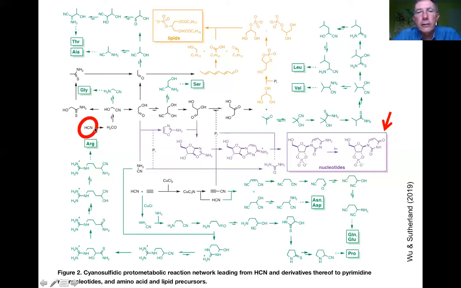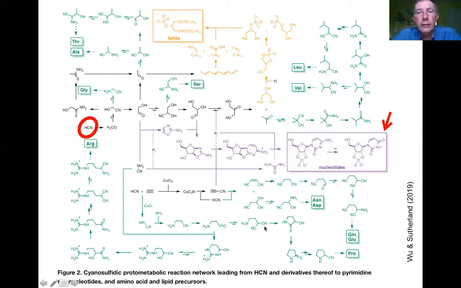You change the conditions a little bit here and there, and it still makes a nucleotide. So if you have a lake, in other words, which can get you those initial feedstocks and you have the right amount of UVC light, you end up with these nucleotides, whether you want it or not. So they will accumulate in that little lake.